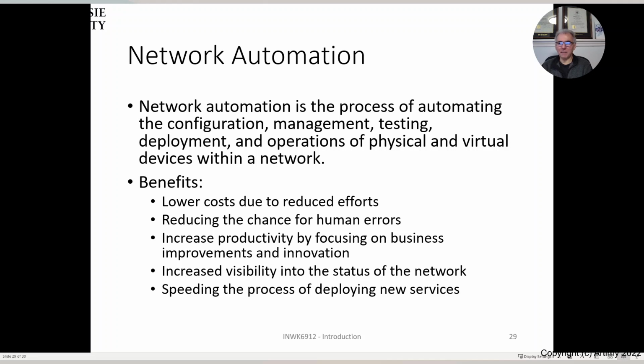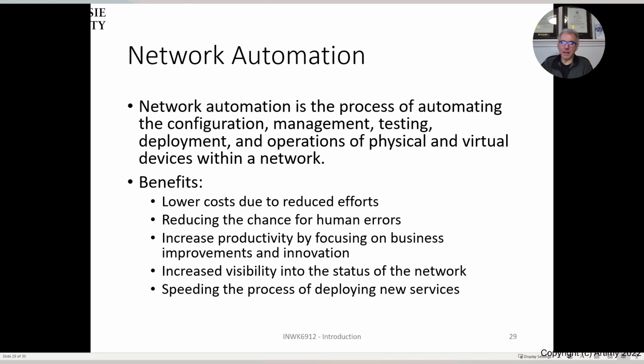So I always smile or smirk at the idea that automation will eliminate errors. It doesn't eliminate errors. It may actually create more errors.